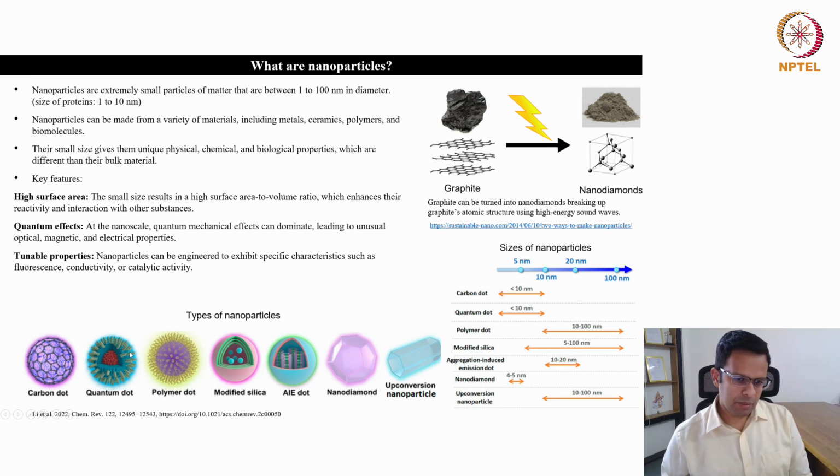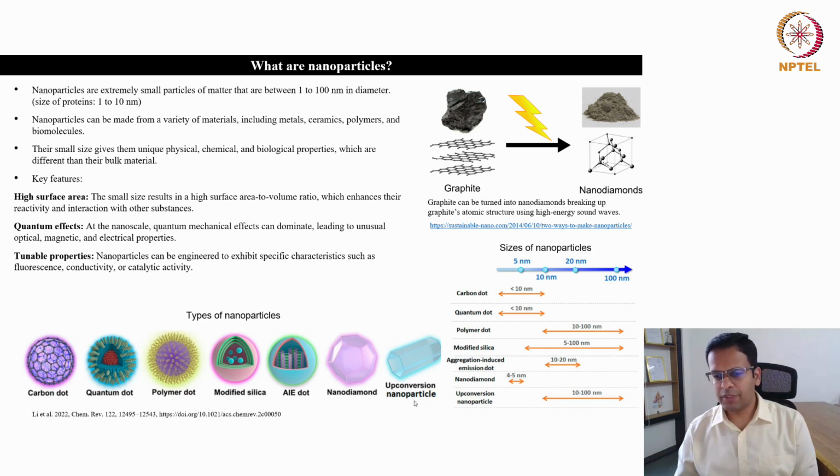Here I have shown some of the typical nanoparticles. They are known as carbon dots, quantum dots, polymer dots, modified silica, AIE dots, where AIE stands for aggregation induced emission, then nanodiamonds and upconversion nanoparticles. I will explain the meaning of upconversion nanoparticles in the next slide.